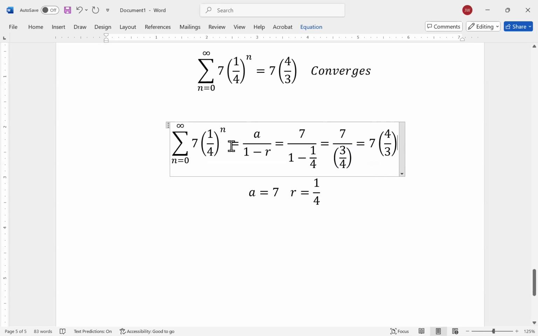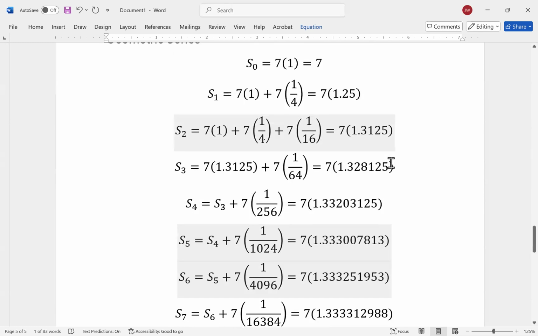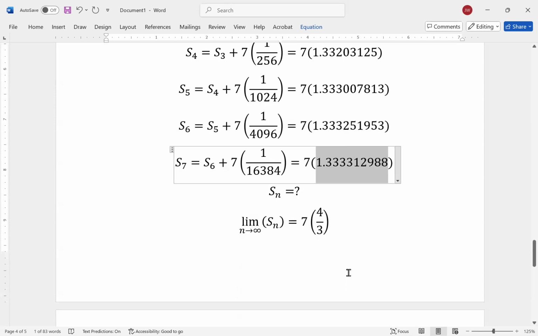Notice how this is quite a bit quicker than trying to list out a bunch of partial sums. And 4/3 was a pretty recognizable decimal, but there are certain other ones that might not be as easy to recognize in the decimal version.